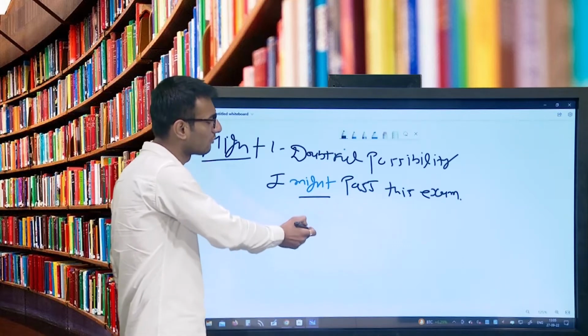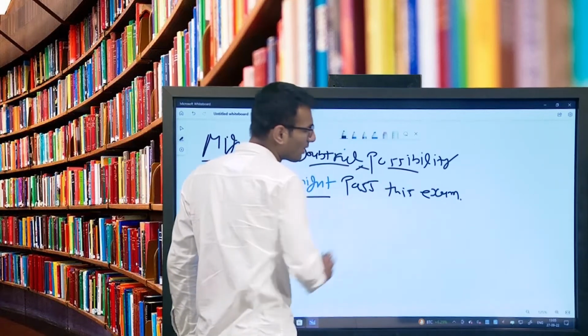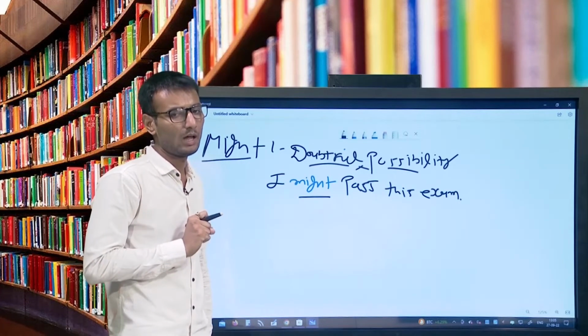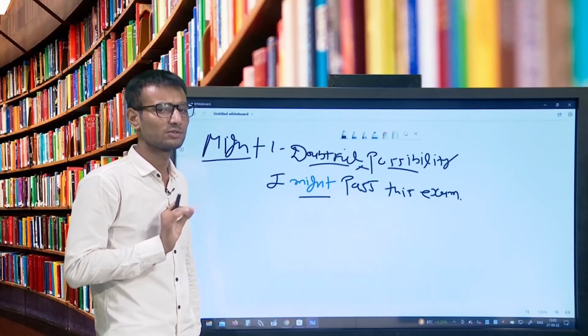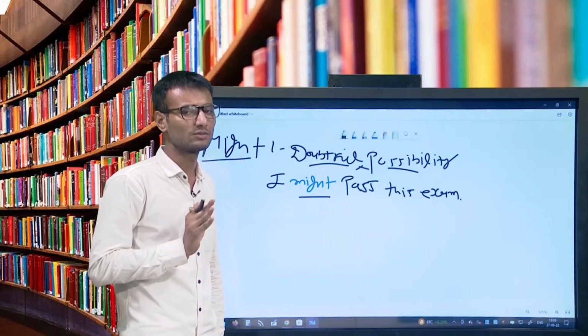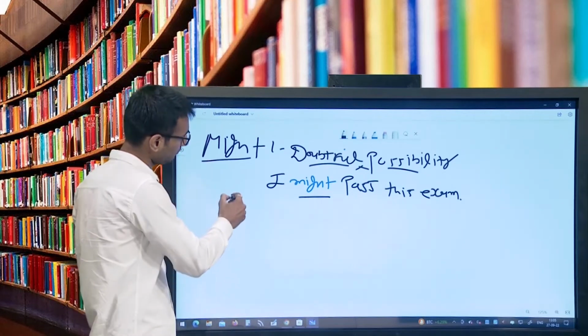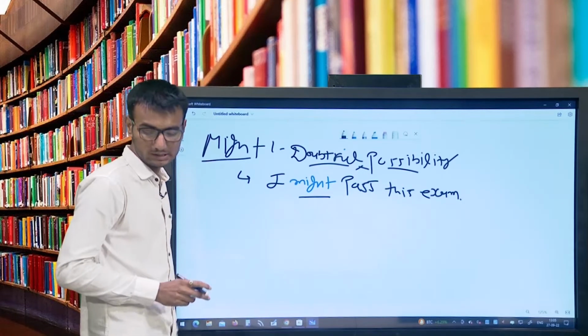It shows a doubtful, whether the person is not sure. When the person is not sure, he says, I might pass this exam. I might go to the principal office. Means હું કદાચ પ્રિન્સિપલની ઓફિસમાં જઈશ. તો it shows doubtful possibilities.